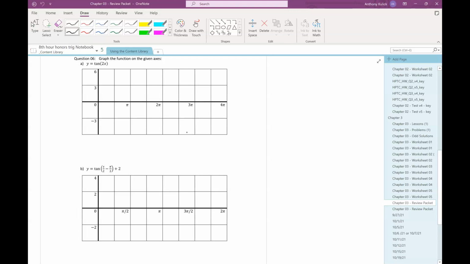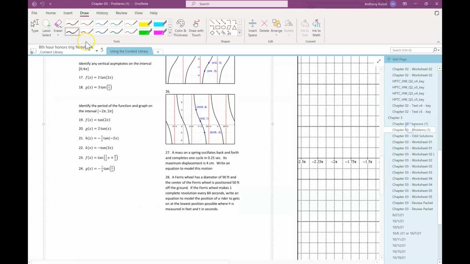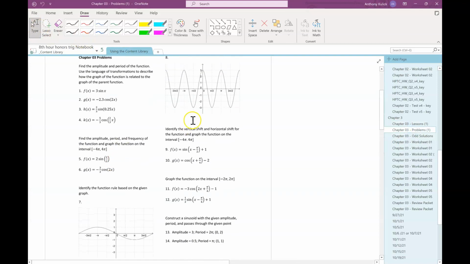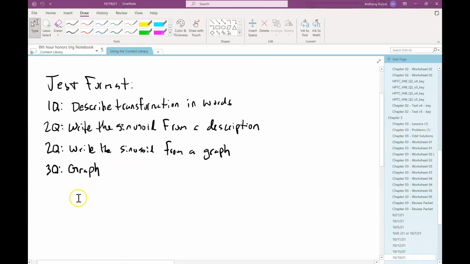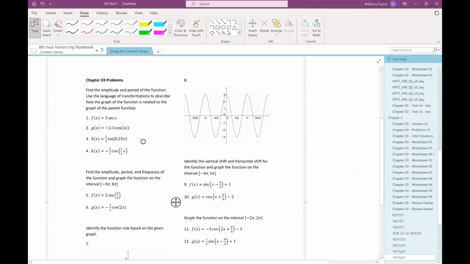Amy, can you do number 5 from the problem set? Oh, sure. All right, so it says to find the amplitude, period, frequency.